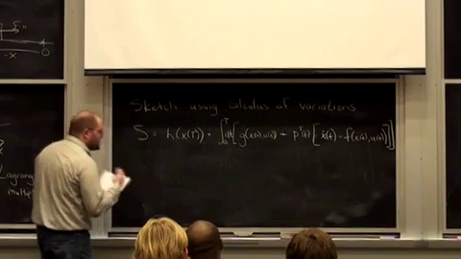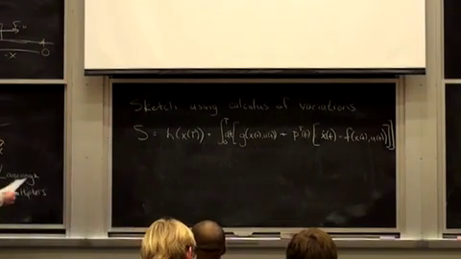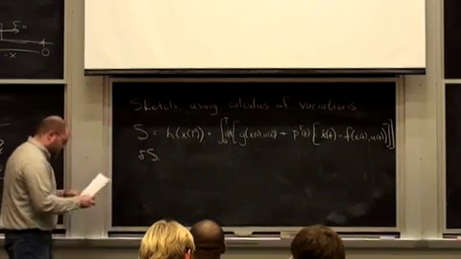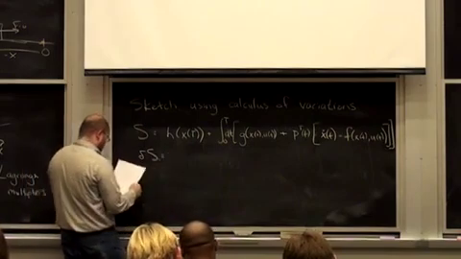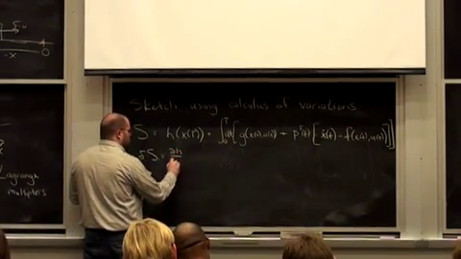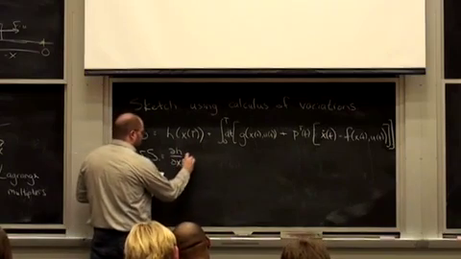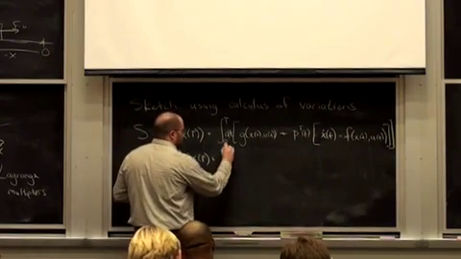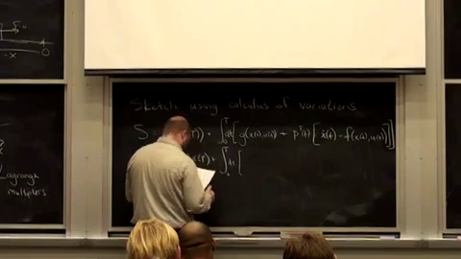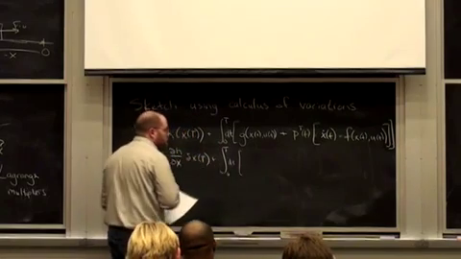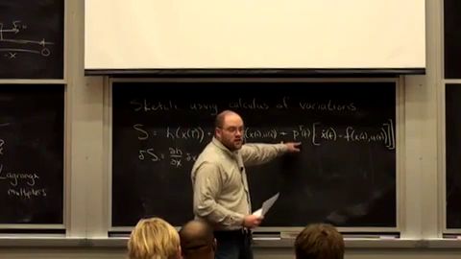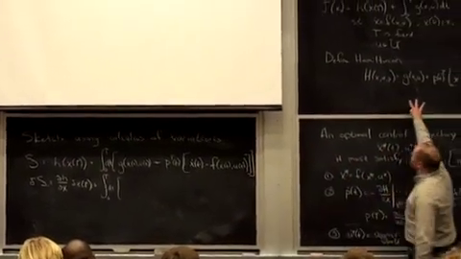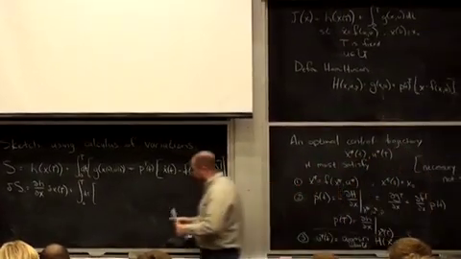If I take a variation, it's going to be exactly like your basic calculus, but the calculus of variations uses these symbols for a variation on a function. It's just going to be partial h partial x times the variation in x of T, plus the integral from 0 to T. Notice quickly that this thing inside here is just H, my Hamiltonian.